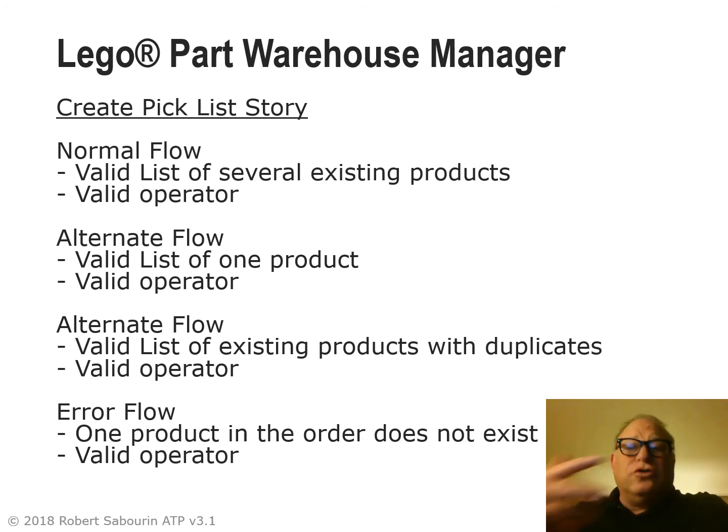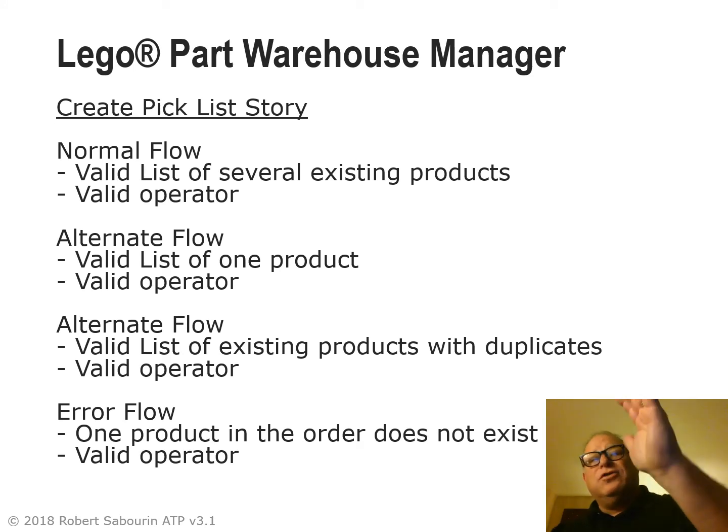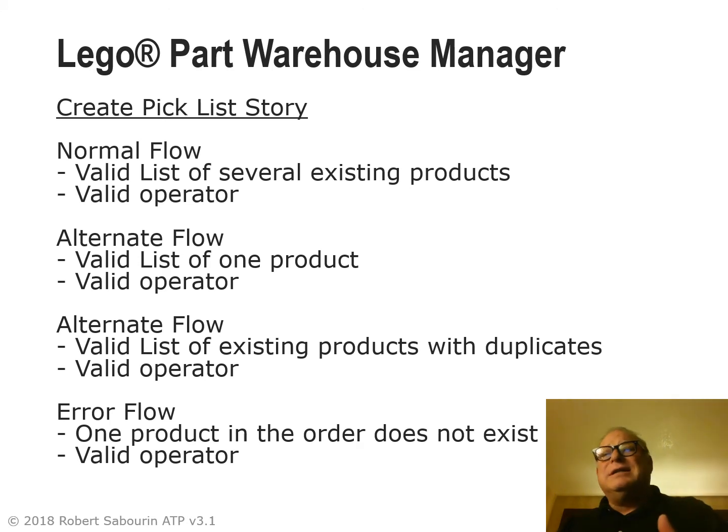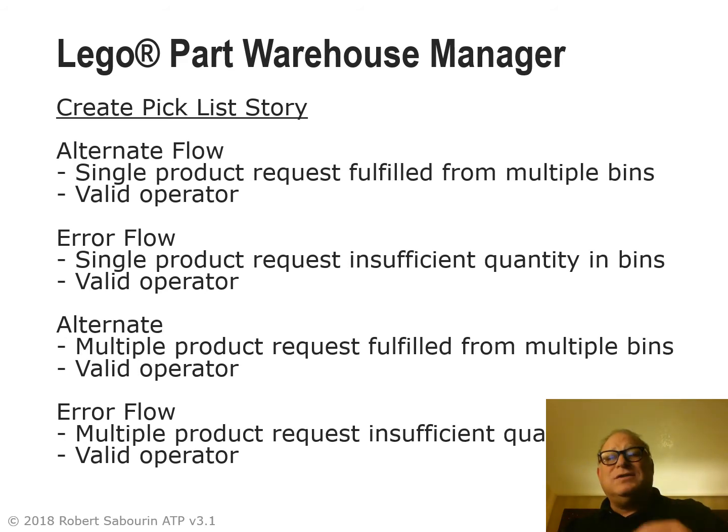Luckily, during the grooming session, we collected many acceptance criteria for the create pick list story in terms of the normal flow, alternate flow, and error flows. And we collected at least a dozen of them, depending on all sorts of interesting conditions. And all of those are examples of what our stakeholders expect the behavior of the system to be in certain conditions relating to creating a pick list.